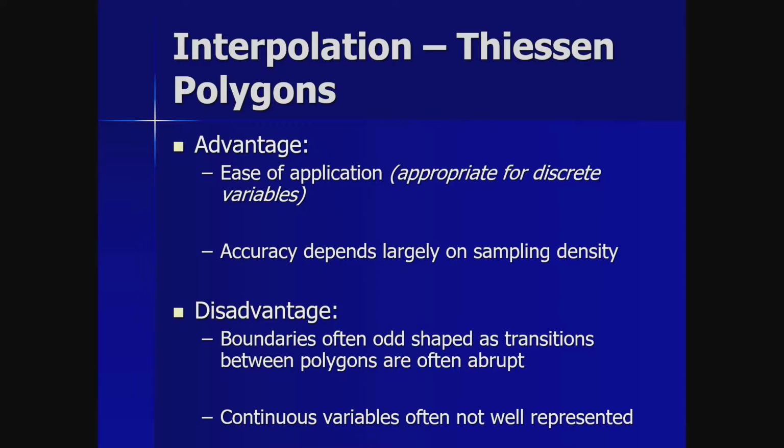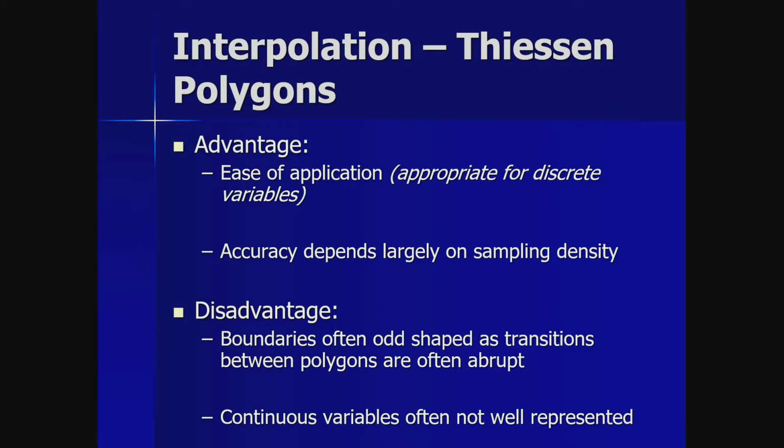Well, it's okay to say it might just be the value that's closest. But this also works for continuous data. The accuracy depends largely on the sampling density, in other words, how close your original points are to each other. One of the big disadvantages is that it doesn't look very good. It looks kind of ugly when you create it.